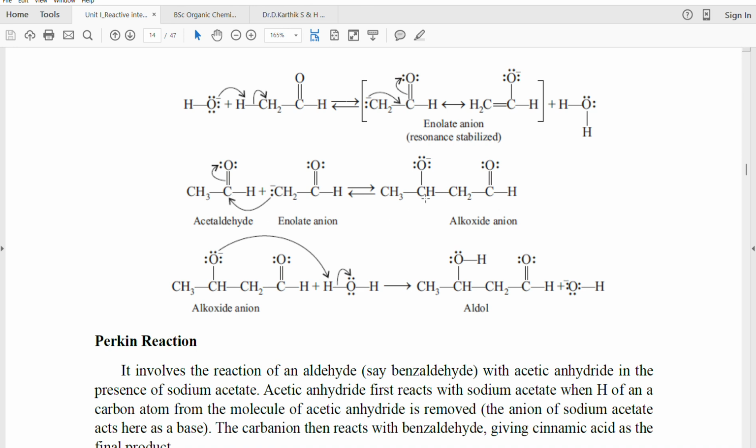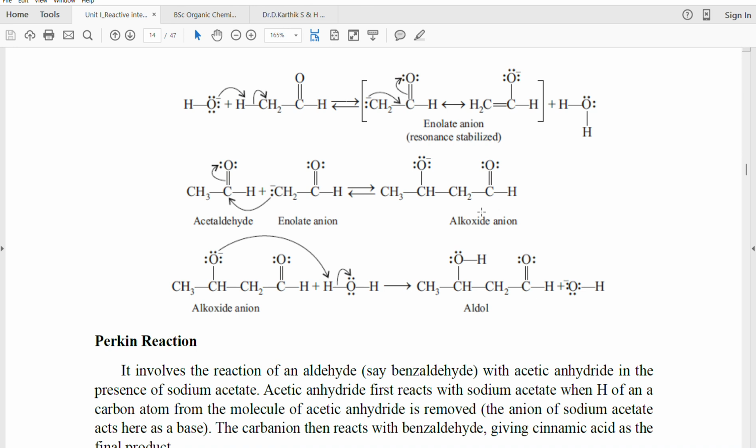So CH2 and then CH. Once this bond pair of electrons moved onto this oxygen, you have a minus charge here. So CH3, CH, CO minus, CH2, CHO. You will have one, the two molecules become one molecule now.